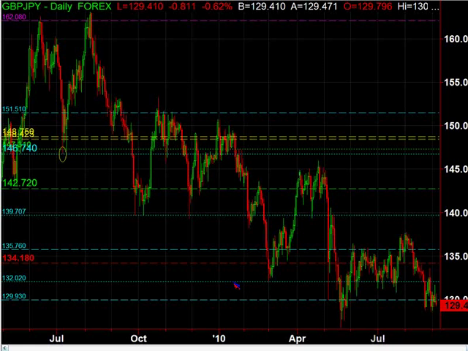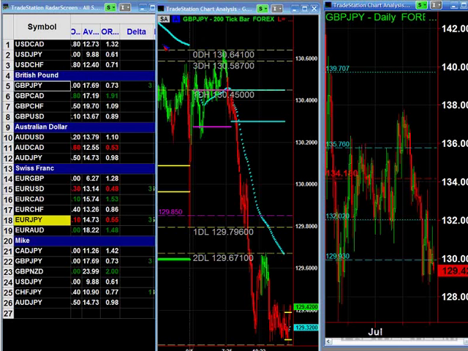What was the SL for the pound dollar short earlier? What does SL mean, Haribo? Stop loss. Okay. The stop loss is one of the ways we do that.